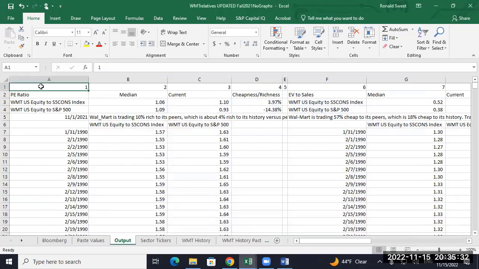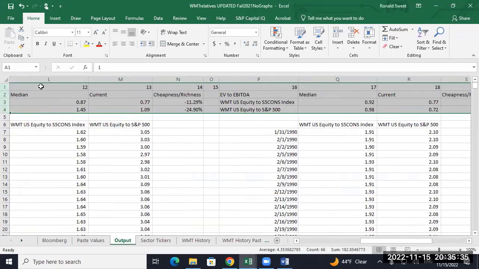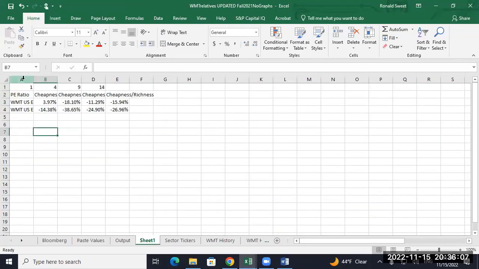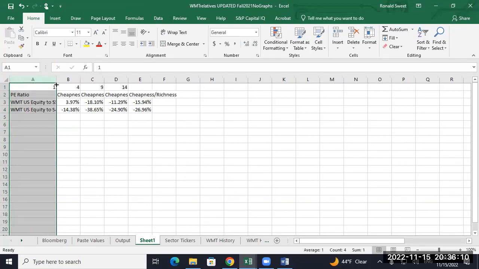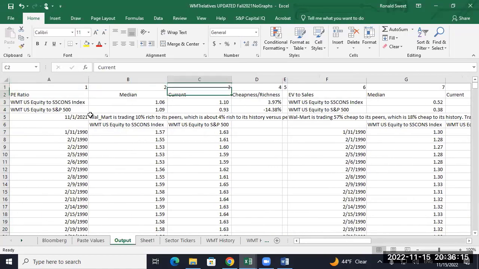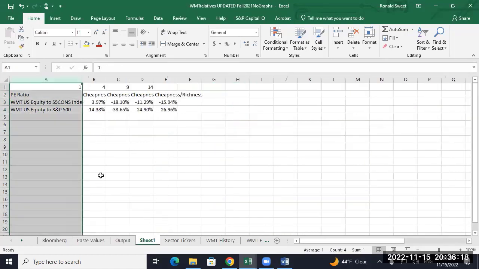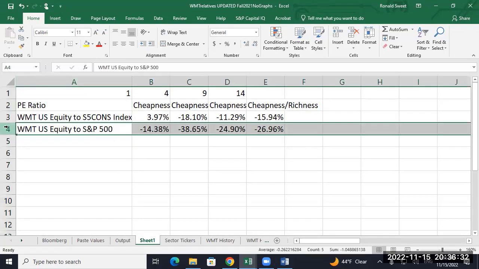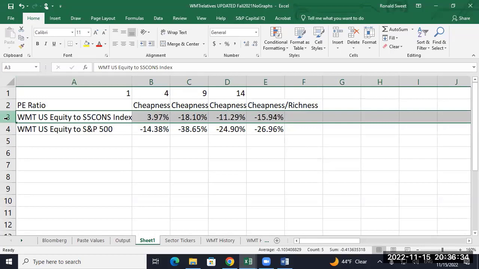Let me see if I can help you with this. So I just brought the output over and just summarized it. Just looking at that, what would you say about Walmart? This is like a stock that's trading rich and trading cheap. It's trading very, very cheap to the market, isn't it? It's trading a little bit cheap to its industry, except for on that one.